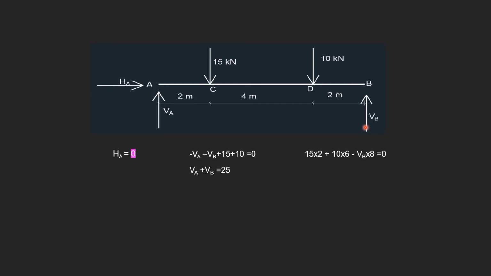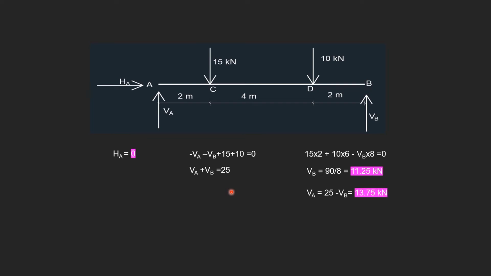Next force is VB. VB will produce an anti-clockwise moment which can be considered as negative with the value VB into 8. So from this we can get the value of VB as VB equal to 11.25 kilonewton. If we substitute the value of VB in this equation, we will get the value of VA.